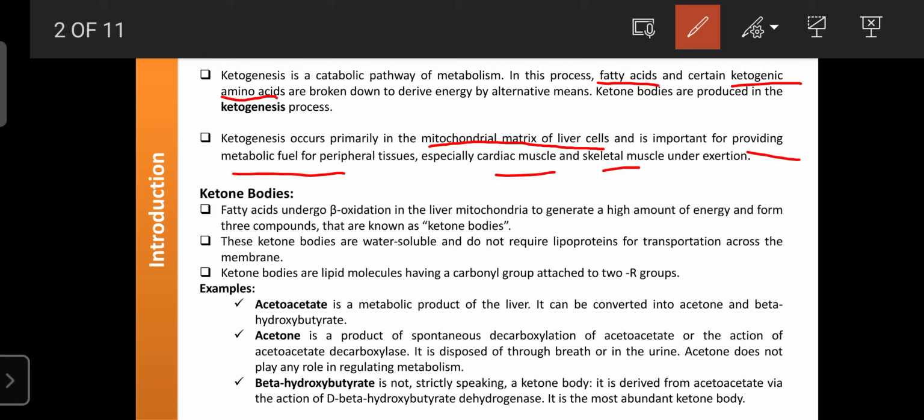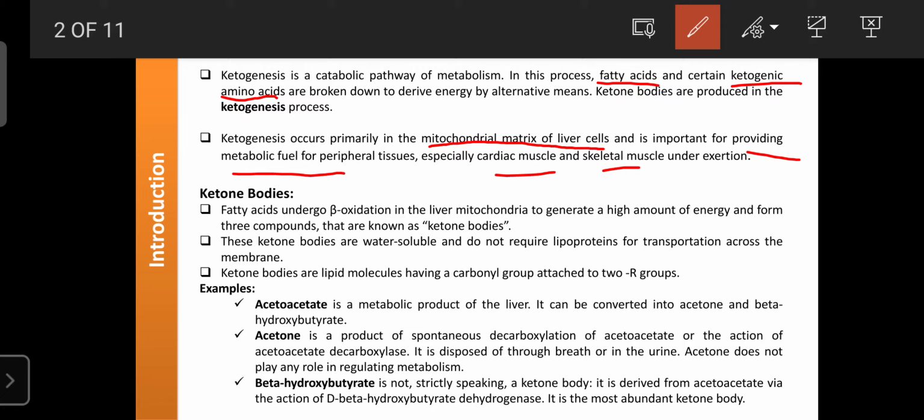Ketogenesis is one of the pathways that acts to fulfill the demand of the organs, that is the demand in the form of ATP. That's why ketogenesis is known as the metabolic fuel pathway.